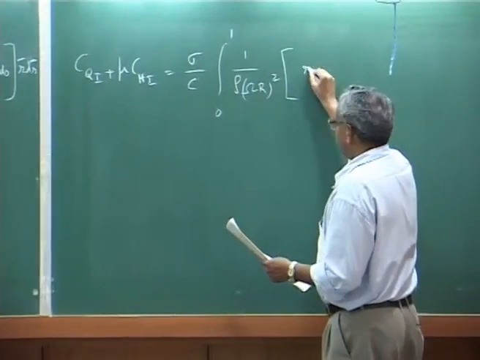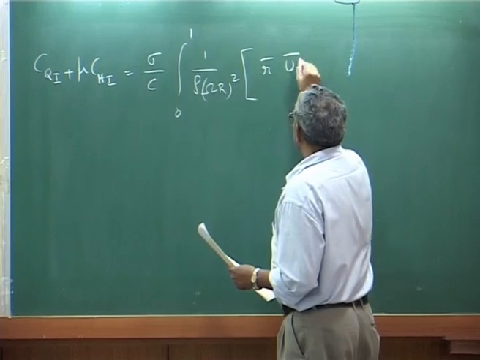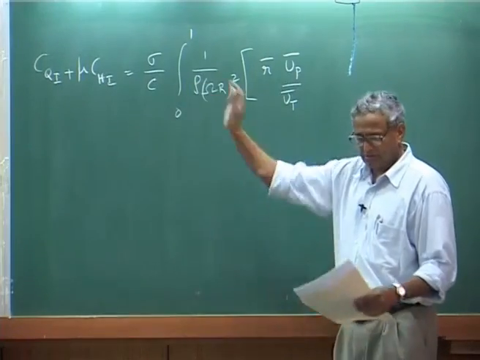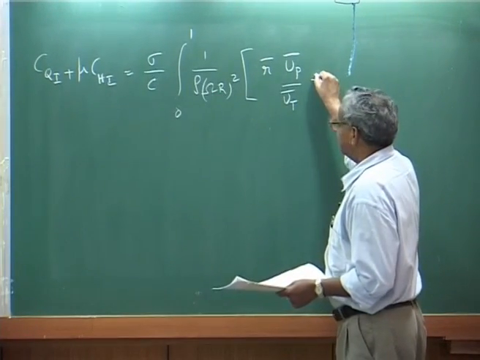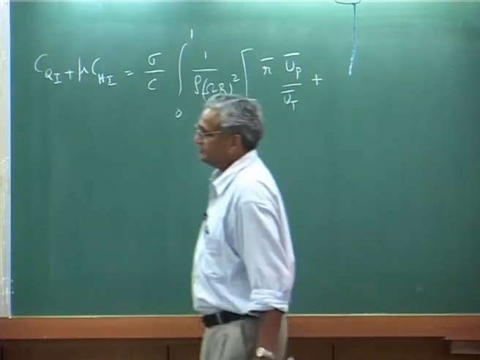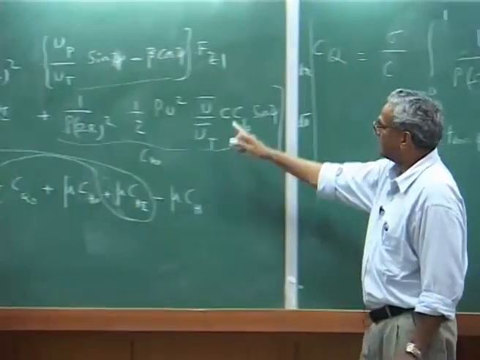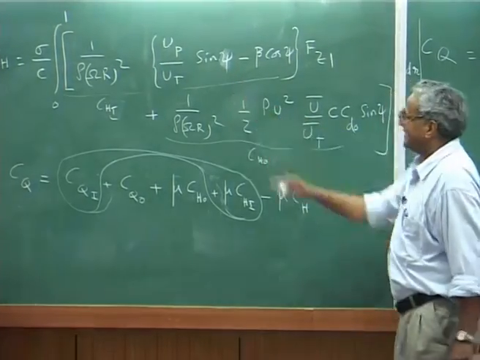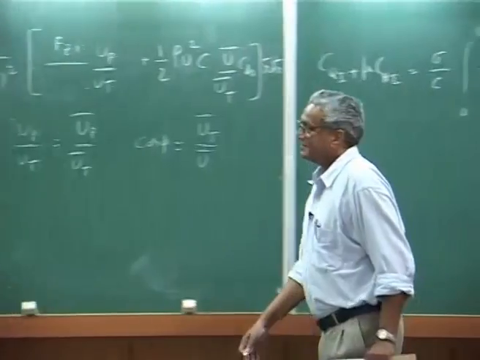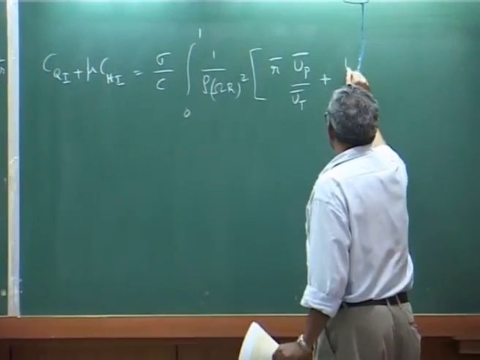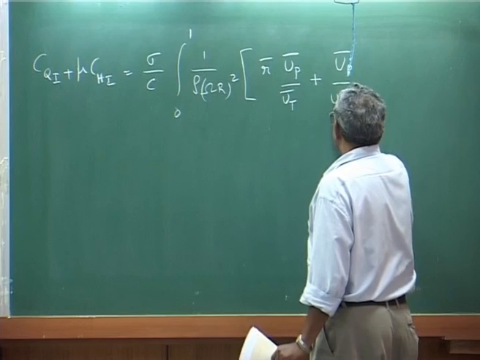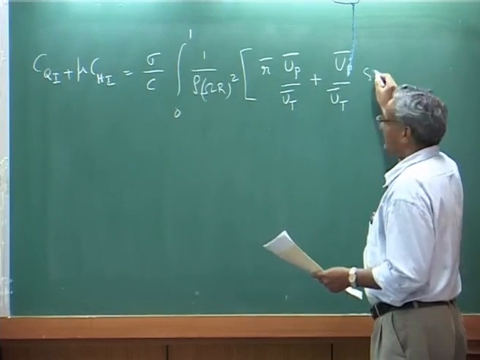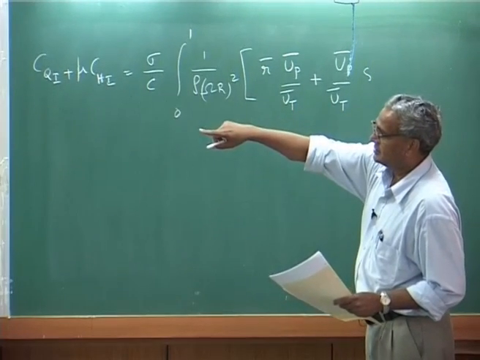So, you will have r bar up bar over ut bar, it does not matter, bar you can keep it, then plus I have to take this term, that is up bar over ut bar sine, but there is a mu.